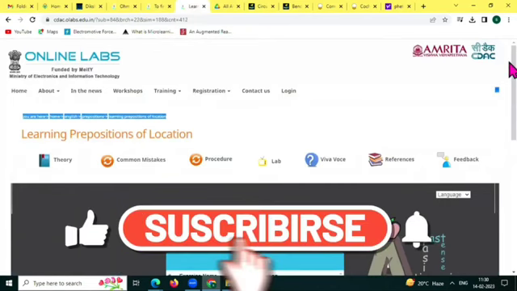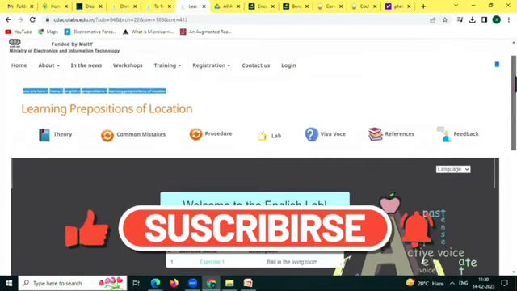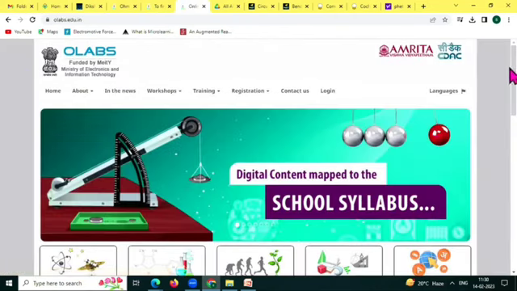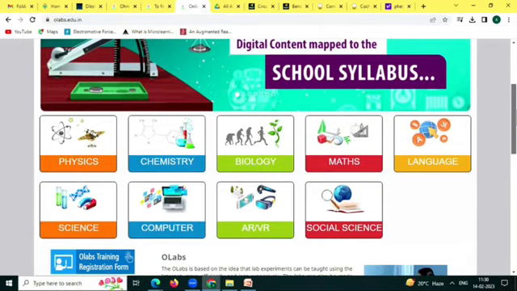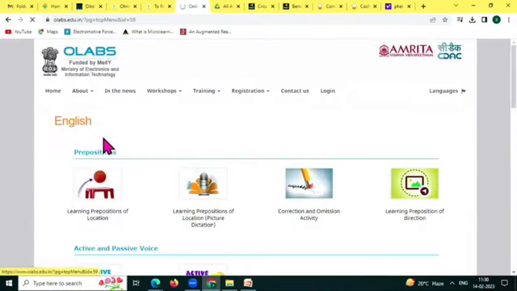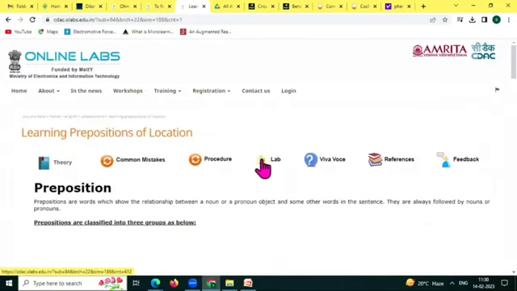Let us see one example of the English language. I am going to OLab, clicking on language and going for English, and let us see how we can learn prepositions.